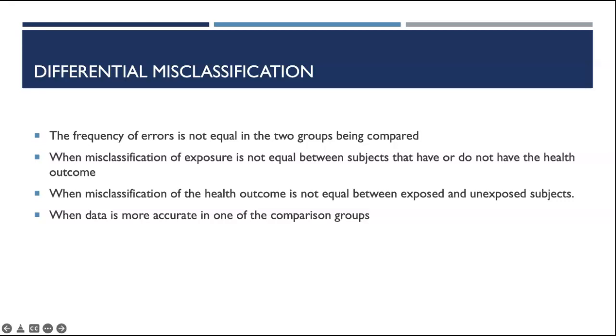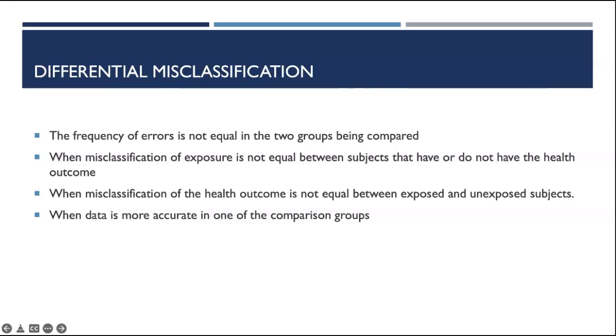Now remember, for misclassification to be non-differential, the misclassification of the variable has to be the same across your two groups in your study. So if you've got an issue recalling some past exposure, that has to be the same across your cases and your controls.